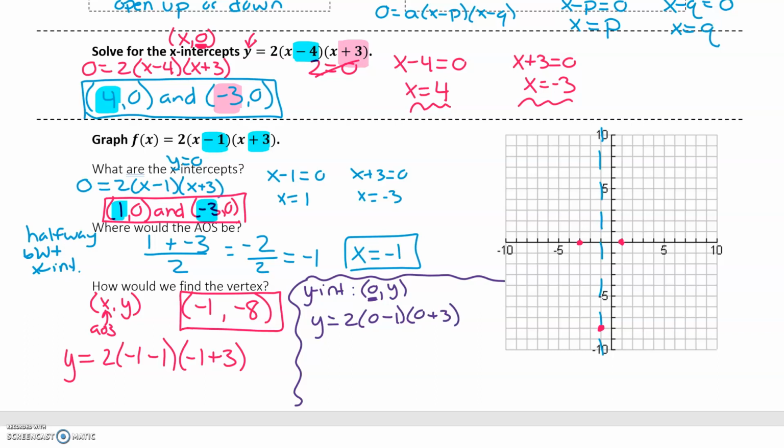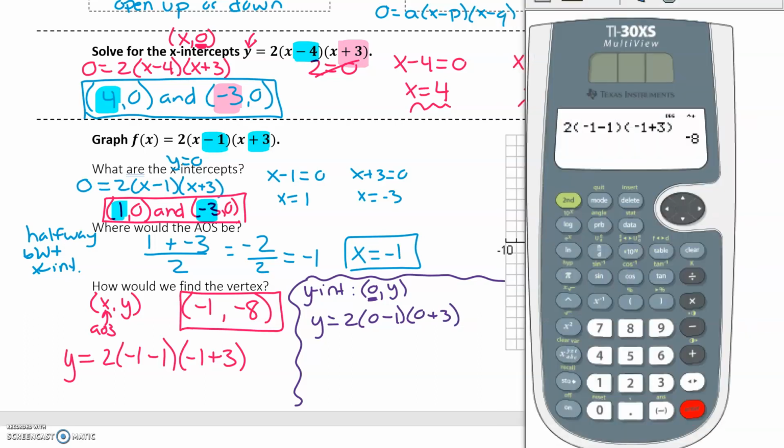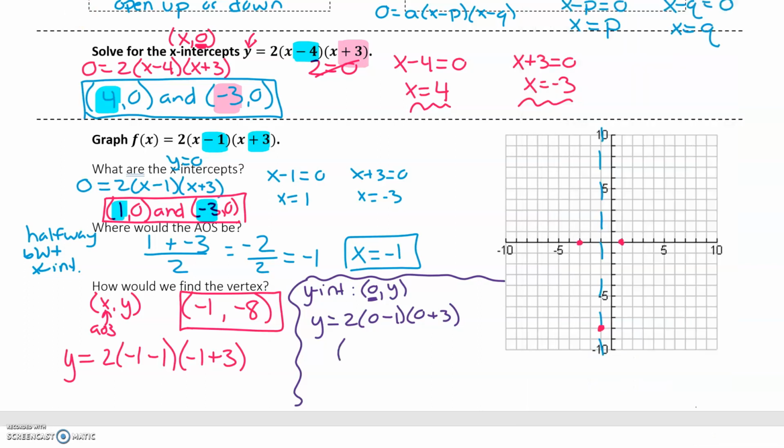So again, we can type that right into our calculator. So 2 times (0 minus 1) times (0 plus 3), and it will tell us that our y-intercept is going to be at negative 6. So (0, negative 6). So that means right here.